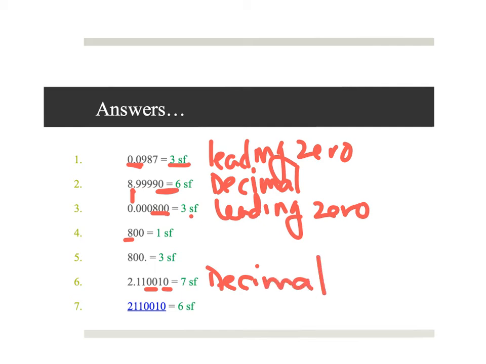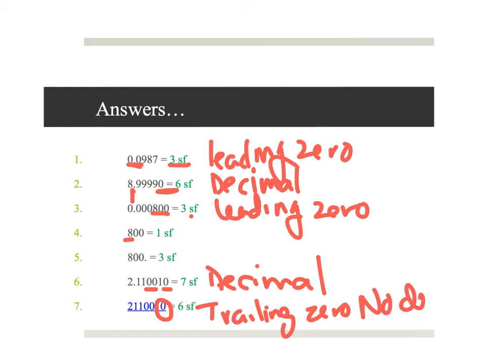And in this last one, there are 6 significant figures because this last zero doesn't count because, again, it's a trailing zero, no decimal. Okay, so again, you may want to check your answers. Go back and try a couple times if you want.